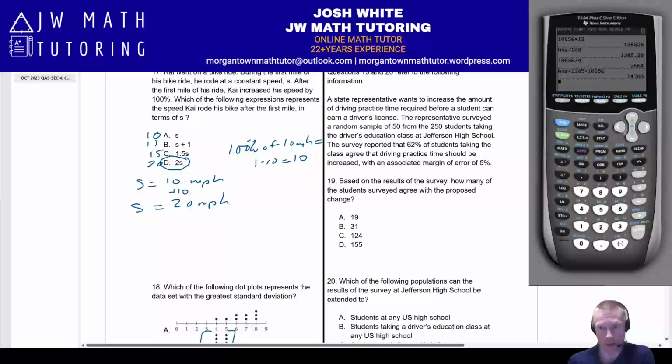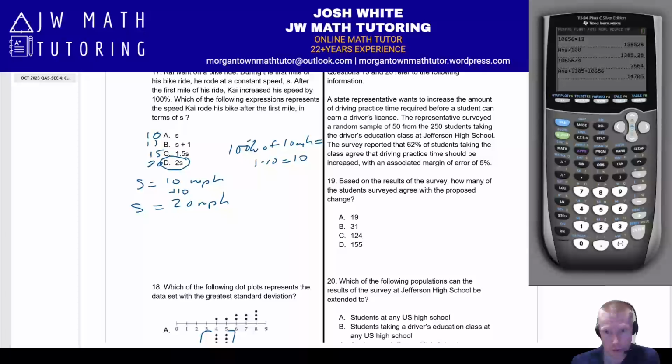Now for 19, they give you some information here about students that took a survey. How many students agree with this proposed change? It tells us that 62% of students taking the class agree that the practice time should be increased. They surveyed 50 people.